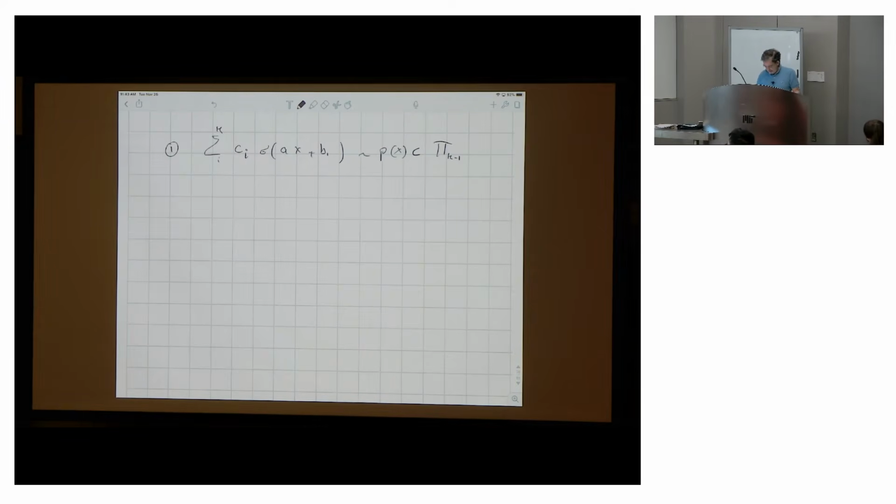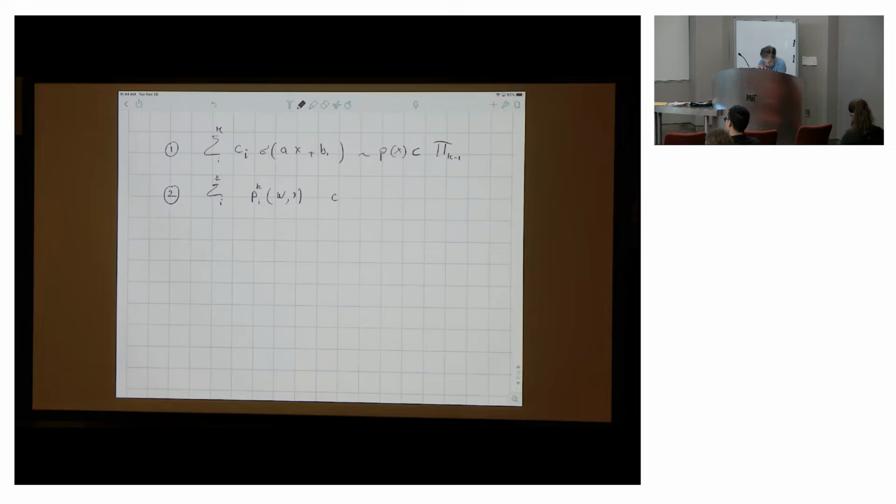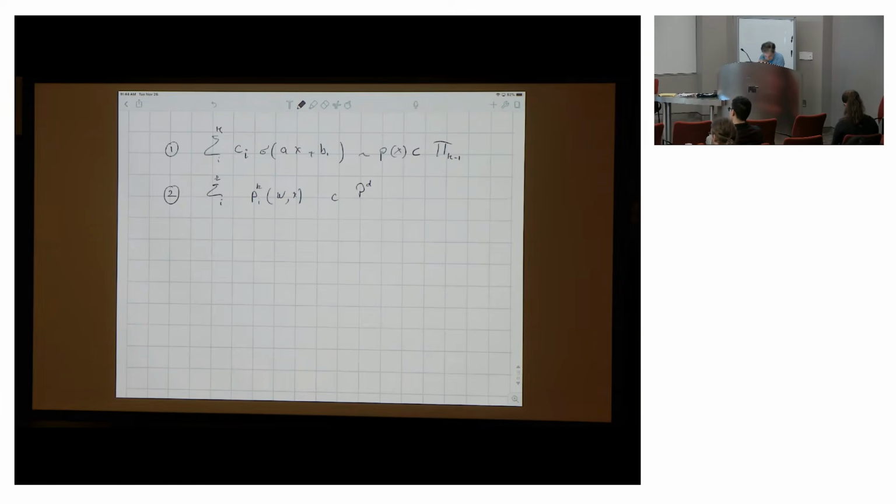The next step, once you've done that, is to show that if you combine unidimensional polynomials where the variable in the polynomial is the dot product of w and x, this gives you the whole space of polynomials of degree k in d variables.